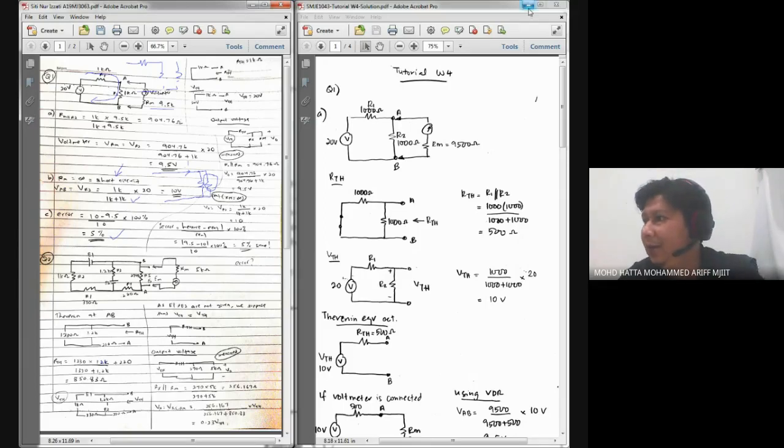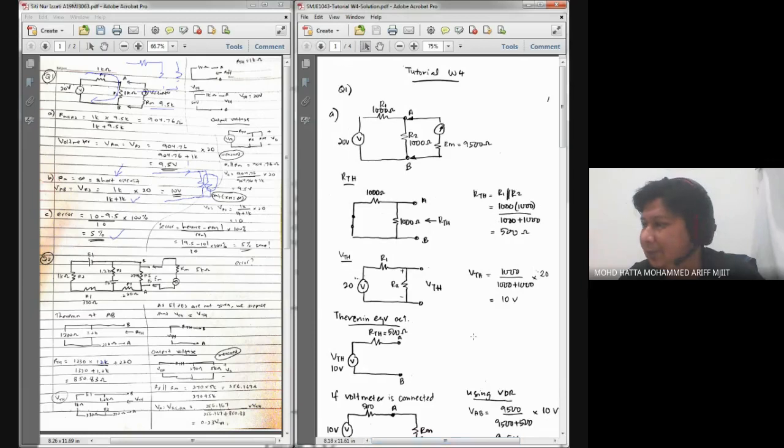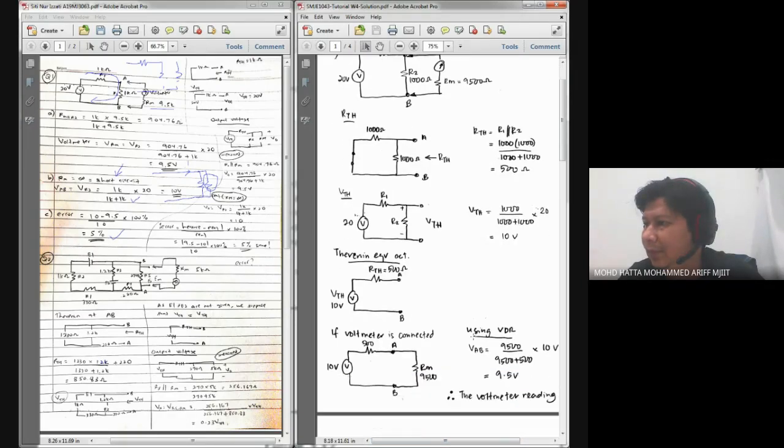All right, if we discuss about the solution, do you agree with my solution over here, the rest? Okay, the first one is to find RTH, and the second one is to find VTH.